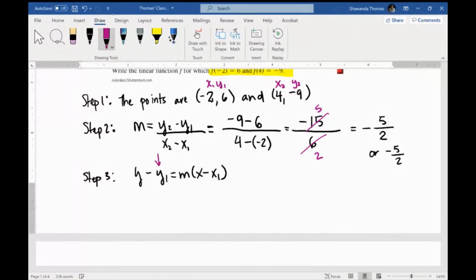We're going to replace the y1, the m, and the x1. We want the regular y to remain. So y minus what's y1? 6, equals what's m?